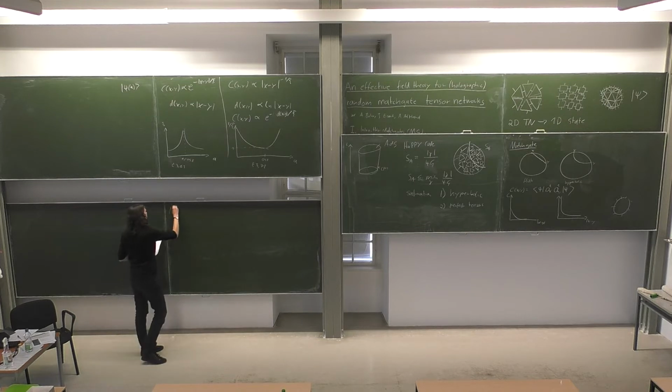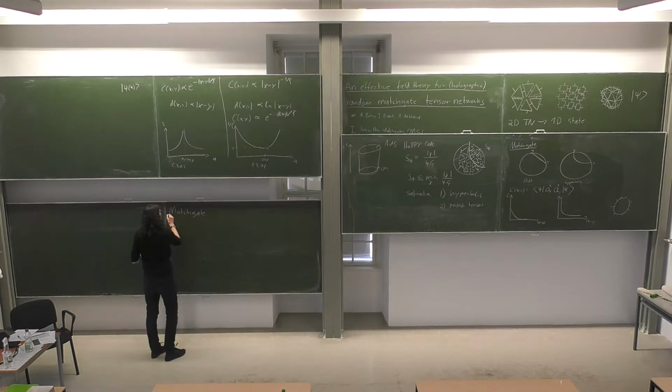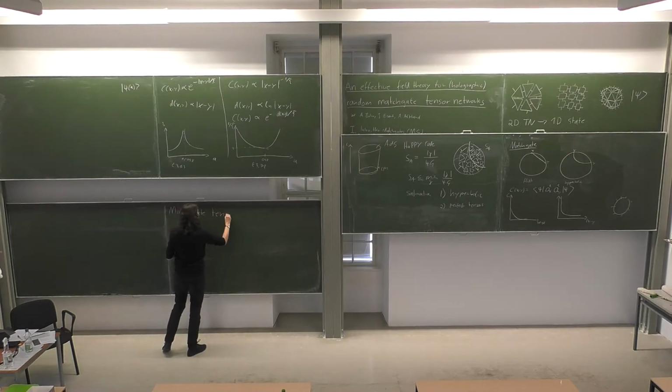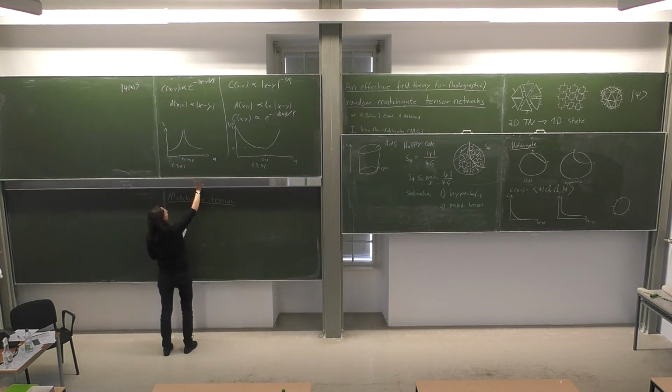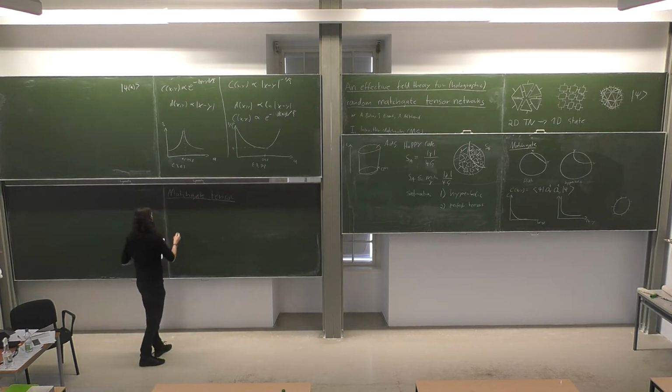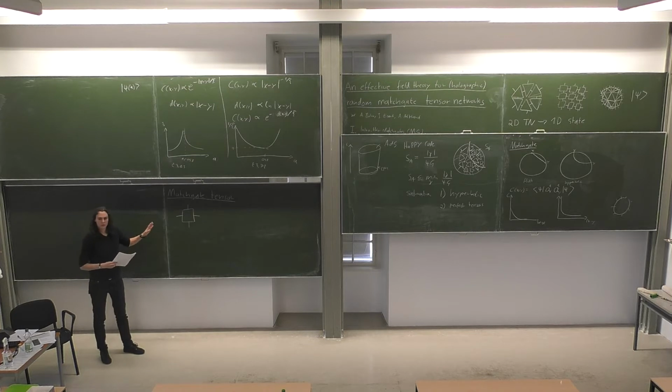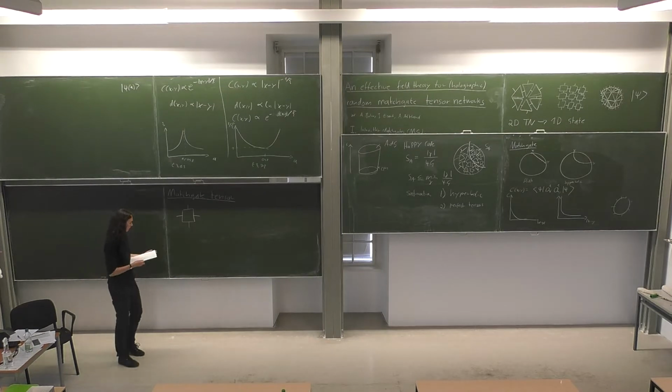The matchgate tensor that we are looking at is, let's say, there are different versions, but I will consider a tensor with 4 legs for now, because not everything can be explained nicely on the 3-leg tensor.